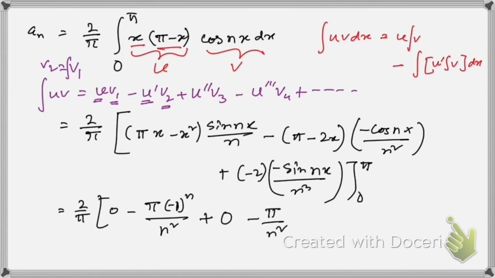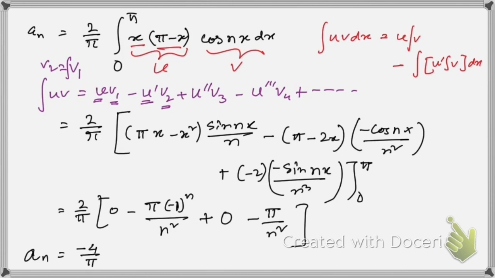Hope you have understood this. So this implies that an is equal to minus 4 by pi.